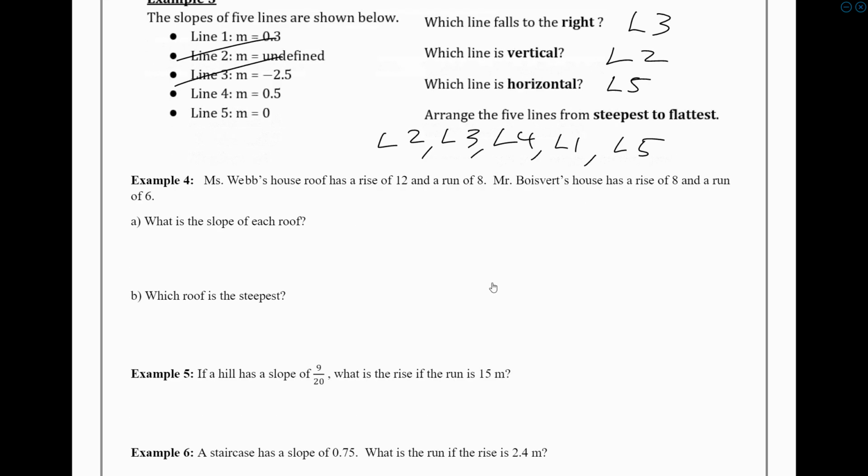Alright, so Miss Webb's house has a rise of 12 and a run of 8. So Webb is rise of 12 over run of 8, or 1.5. Valverde has a rise of 8 and a run of 6.